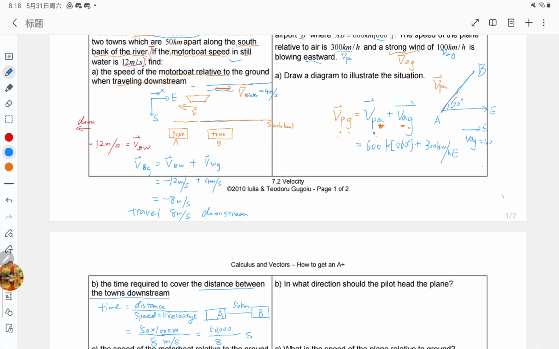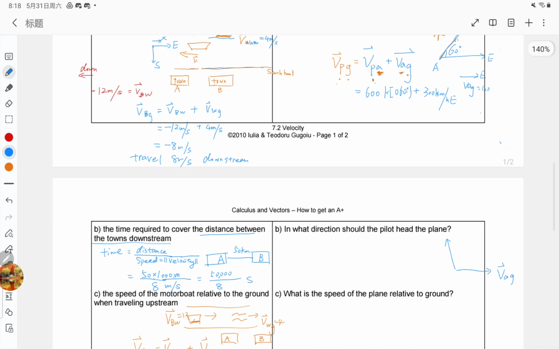Because the resultant vector, okay, I'm using the word resultant, is actually not necessarily heading that way. So the resultant vector will change direction, right? So this is the V air relative to the ground, or the V wind, right? Or the V wind.